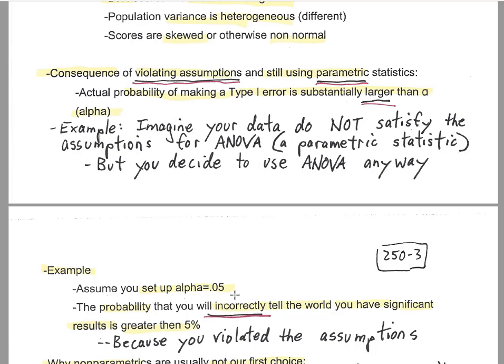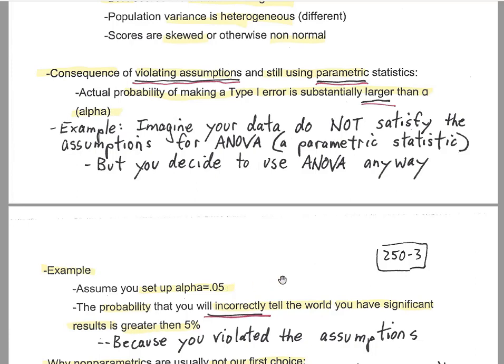It's always possible you're making a mistake and telling people you've got significant results. But if you've done the analysis correctly, you know what the probability is that you are making a mistake and giving the wrong results. The probability is only 5%, and you know that because you set alpha at 0.05.